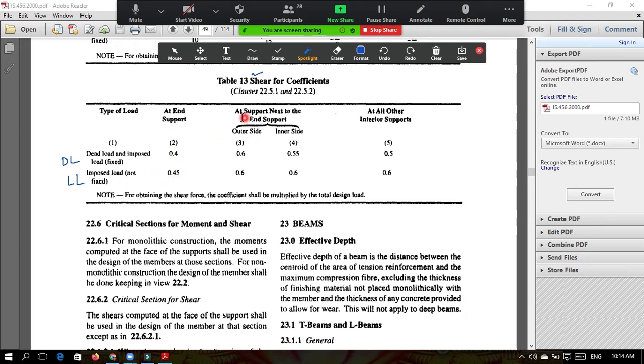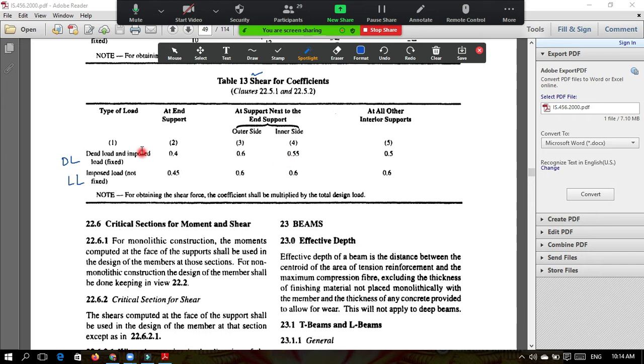At the support next to the end support, the dead load and live load coefficients are 0.6. We don't take the inner side, we always go for the outer side. There is not much difference between inner and outer anyway. At all other interior supports, it is 0.5 for dead load and 0.6 for live load.